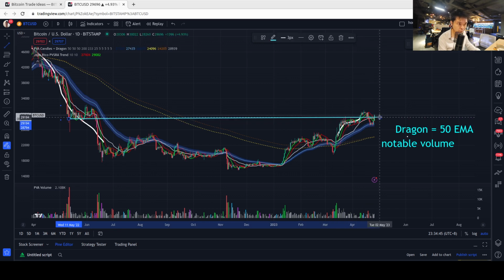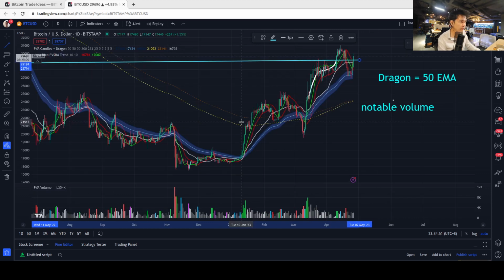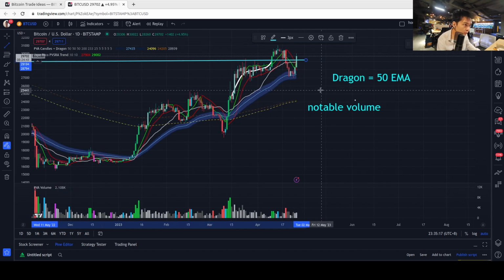If you had done that, you would have opened here and closed here, and you would have made more or less the same, actually a little bit more, because the next day the candle opened at around 28, a little bit less.